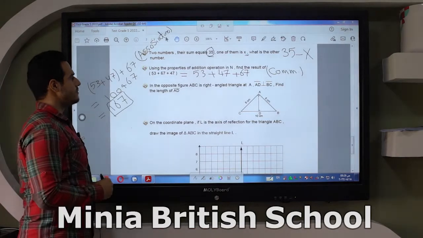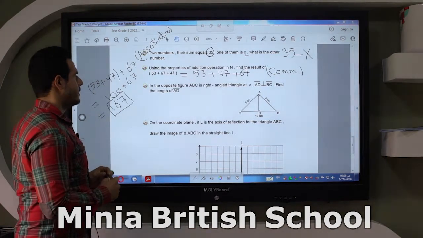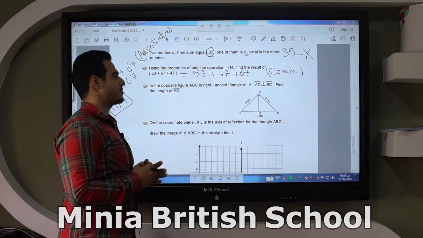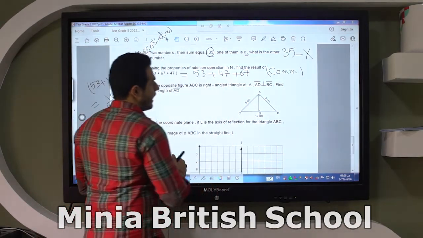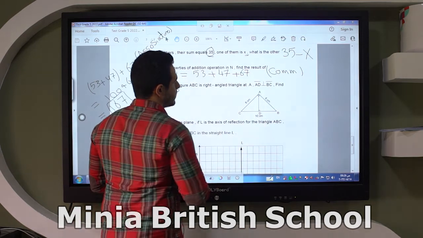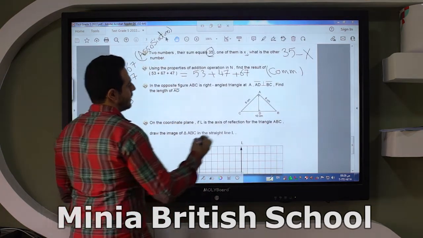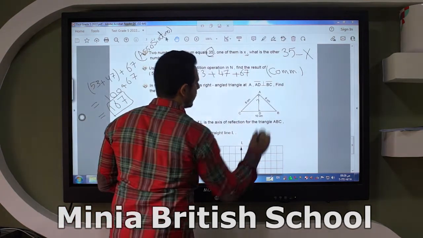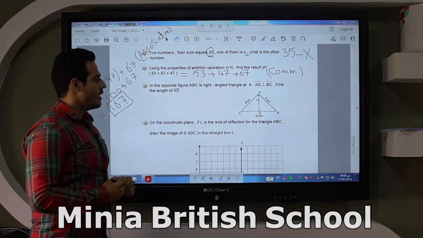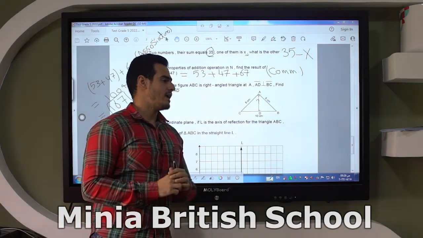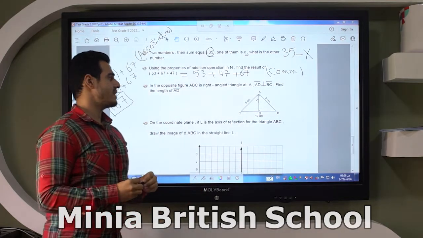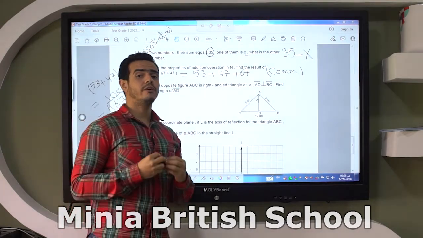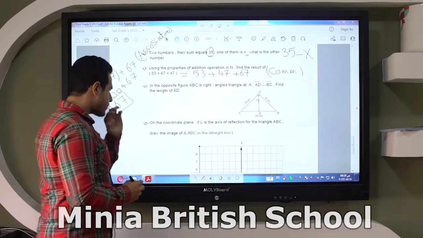Number 25. In the opposite figure, ABC is a right-angled triangle at A. AD is perpendicular to BC. Find the length of AD. He wants the length of this height. We have BC as a base and its corresponding height AD. To find the length of the height, we must find the area first.